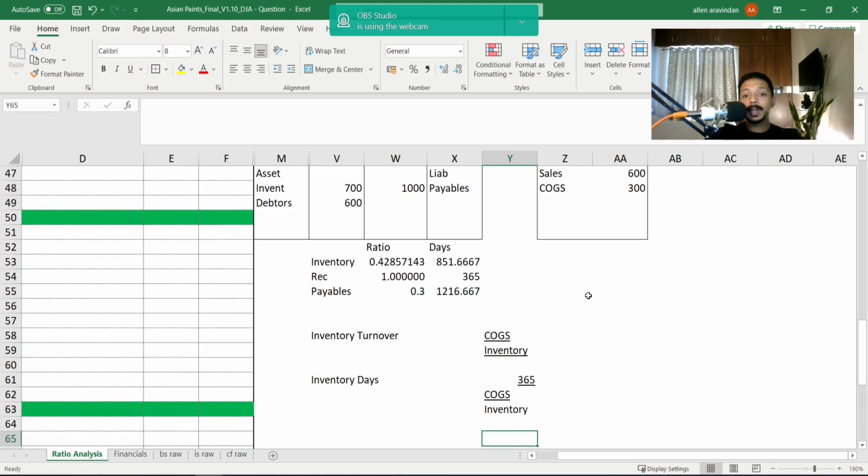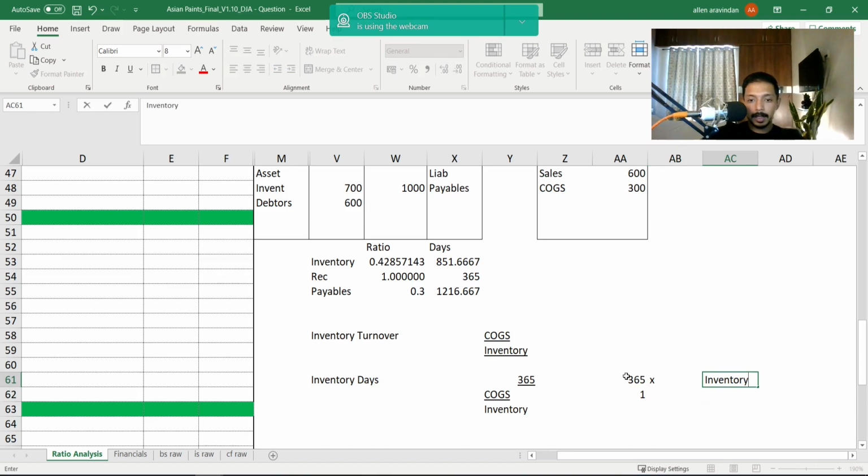Now if you were to calculate inventory, think of it, this formula, if you were to rearrange it, it would look something like this: 365 divided by 1, and the inventory will go up, right? Because 365 divided by 1, so you will multiply this with inventory and divide by cost of goods sold, right? It's just flipping over. And on the left side you have days.